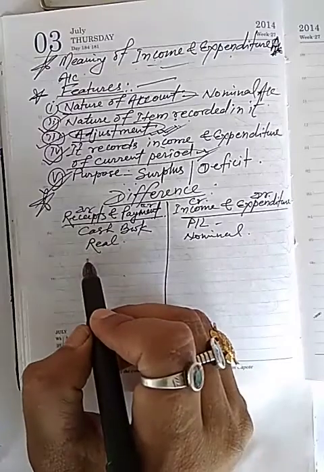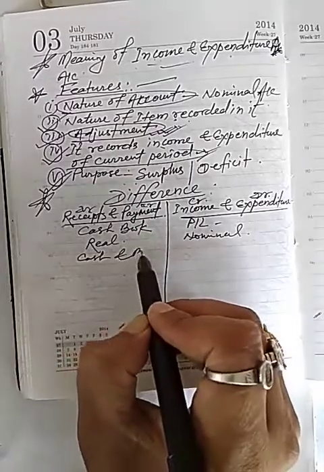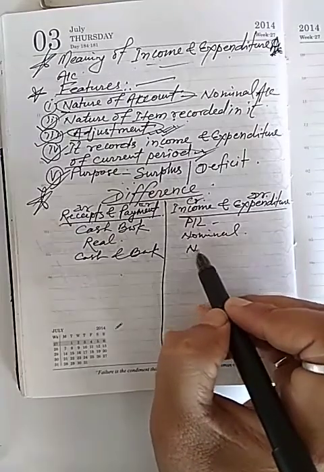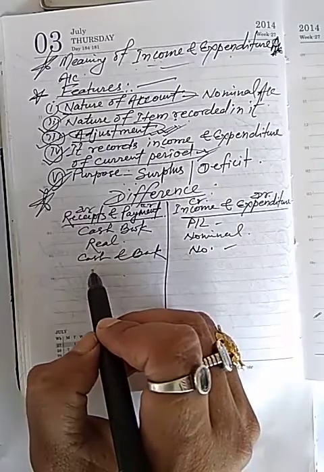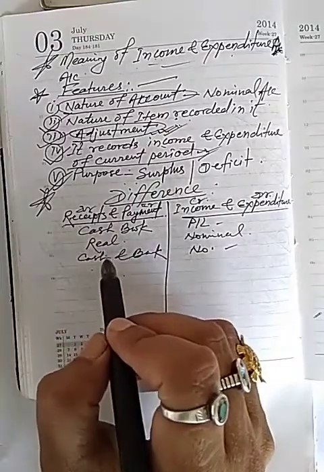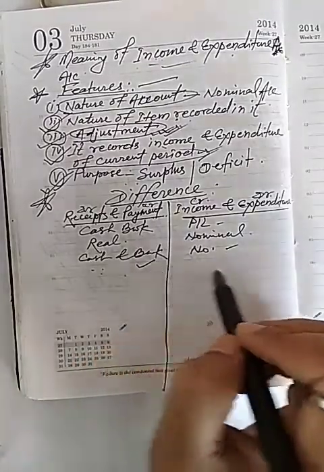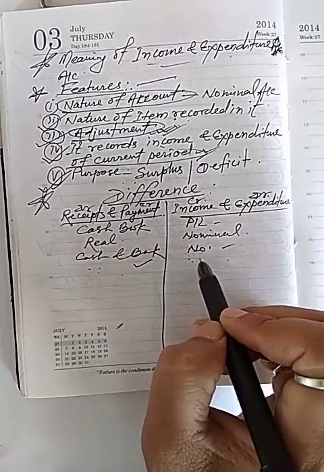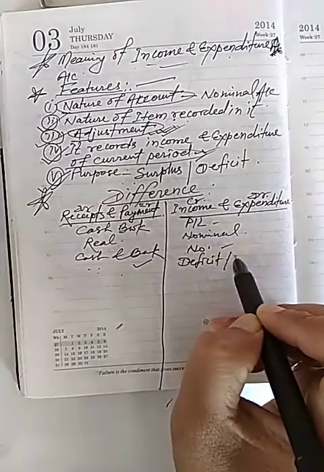Receipt and payment account starts with cash and bank balance, but income and expenditure account has no opening balance. Closing balance of receipt and payment account may be cash and bank balance, but closing balance of income and expenditure account shows deficit or surplus.